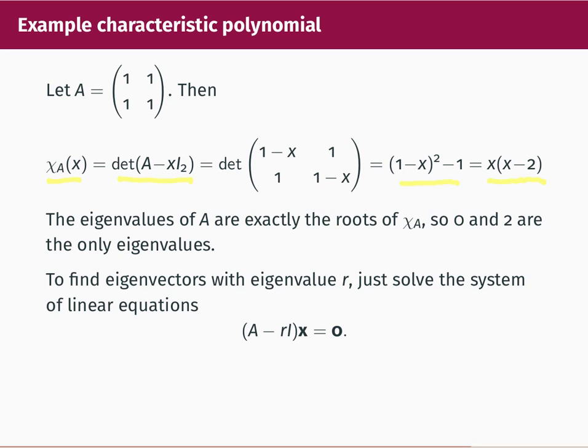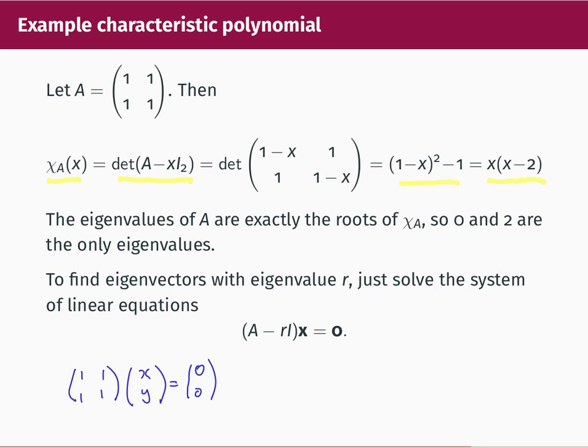You already know how to do this, because as we observed before, an eigenvector with eigenvalue r is a non-zero solution to the matrix equation (A minus RI) times x is equal to 0. So if you forgot what the 0 eigenvectors for A were, you would simply solve the matrix equation 1, 1, 1, 1, times whatever variables you like, is equal to (0, 0). And the non-zero solutions to that equation will be precisely the 0 eigenvectors.